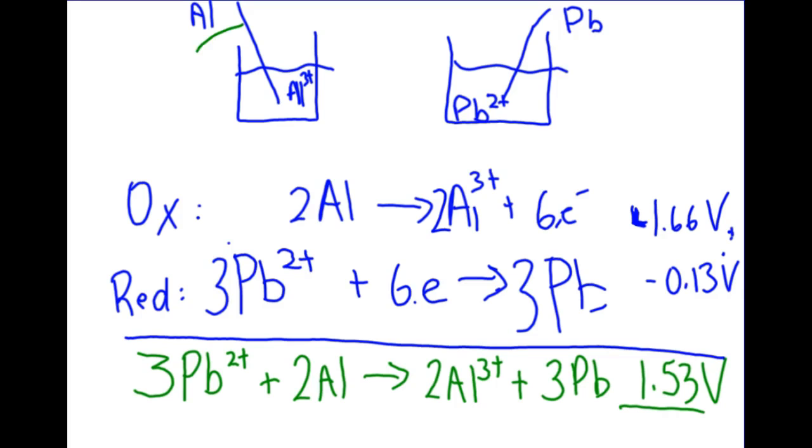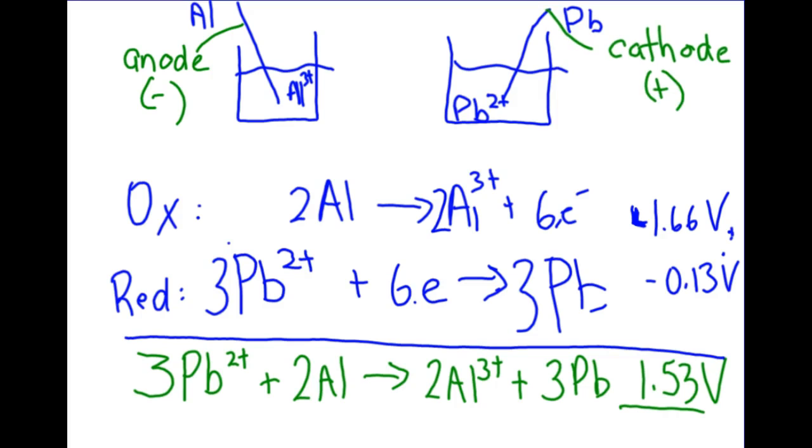Is the anode going to be positive or is it going to be negative? It's the negative terminal in the battery because it's the source of electrons. Lead is going to be the cathode, and it is going to have a positive charge.